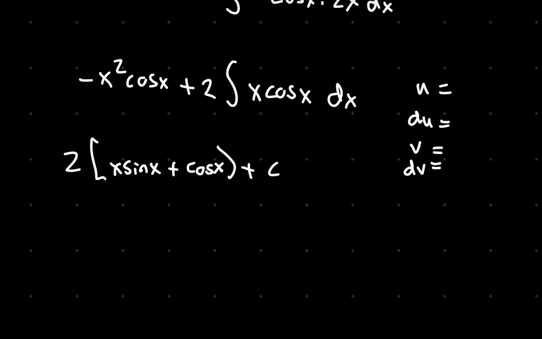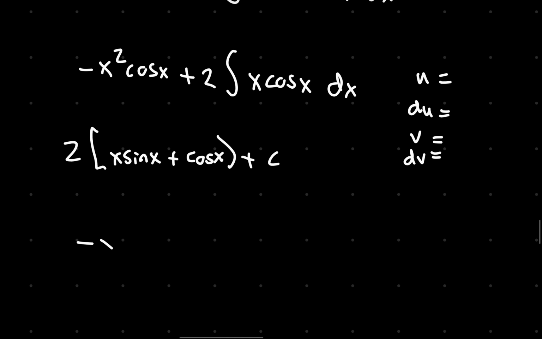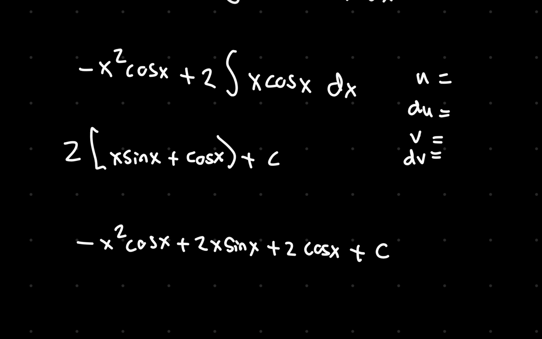And we'll just throw the plus c on the outside. So then we'll put it all back in. We get minus x squared cos x plus 2x sine x plus 2 cos x plus c. And that's a perfectly valid answer.